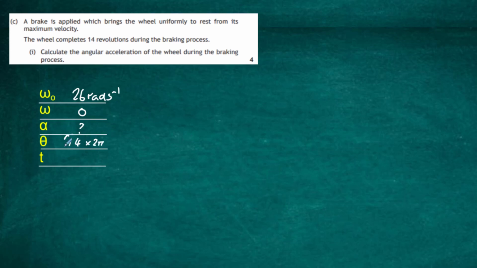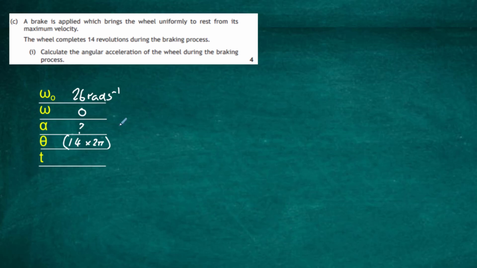That will be your angular displacement, if you can think of it that way. Time, we haven't got anything to do with time. So there's our 4 pieces of data that we know, and we can just go and look up the relationship sheet and we can find the equation which is going to show us what's happening.